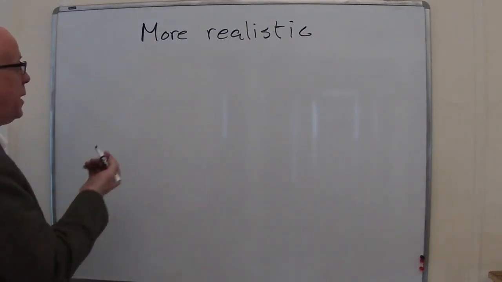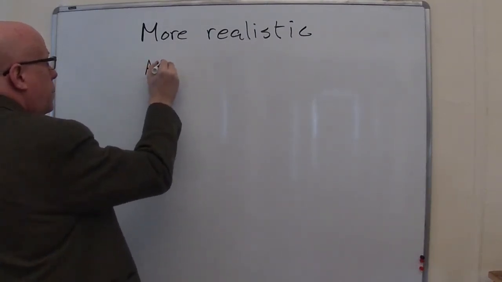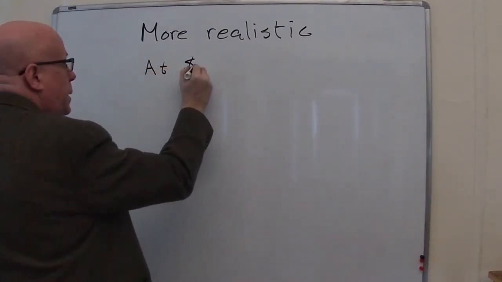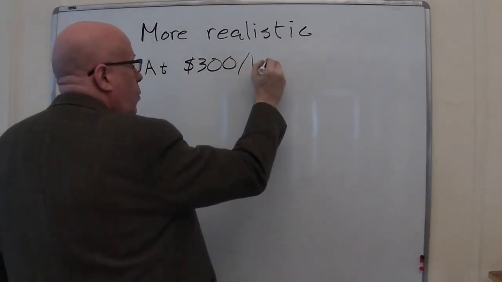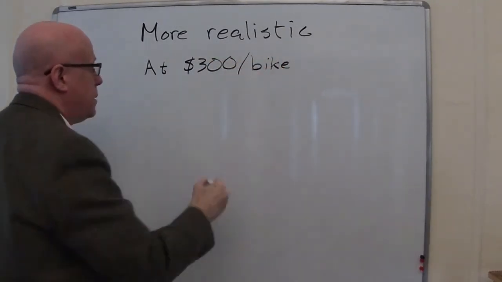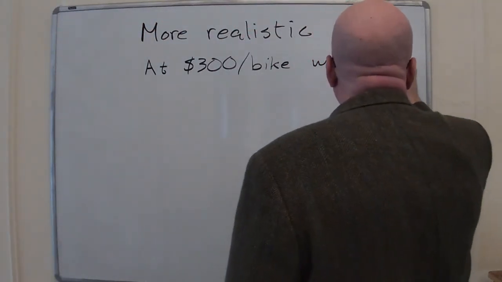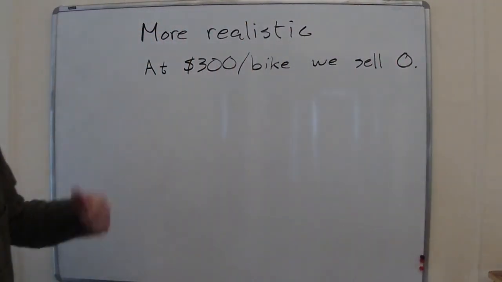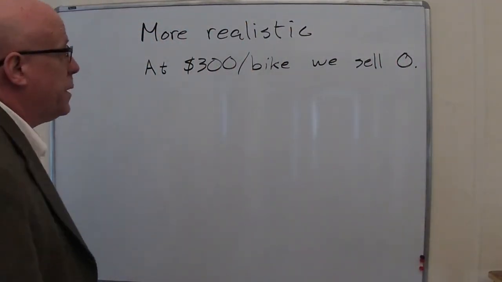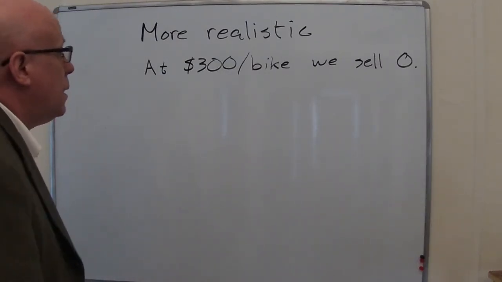So suppose we had 2 data points at a price of $300 per bike, we don't sell any. Because maybe there's a competitor that has better prices, or people just go, well, it's too expensive, they're not going to do it.